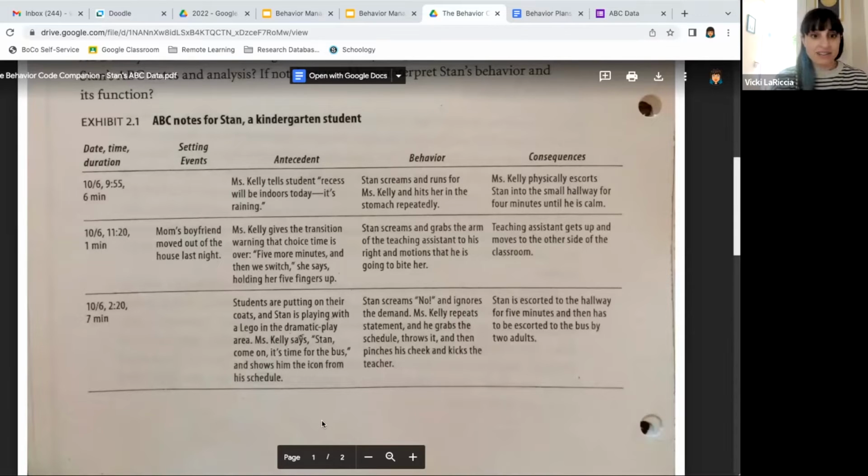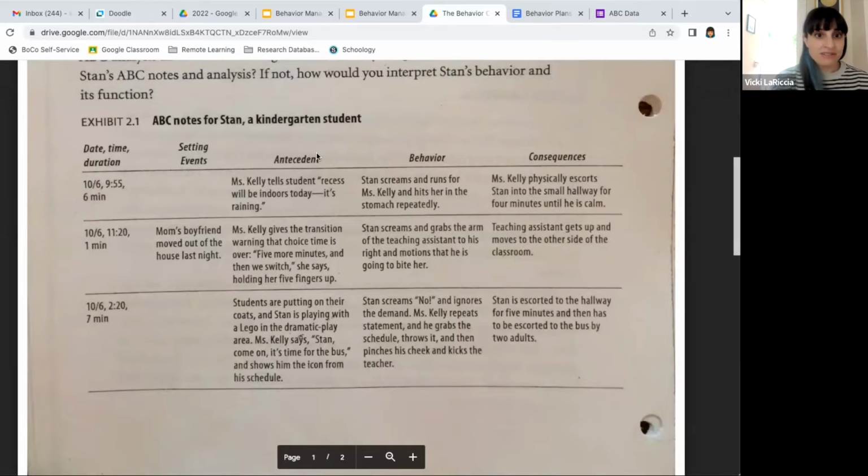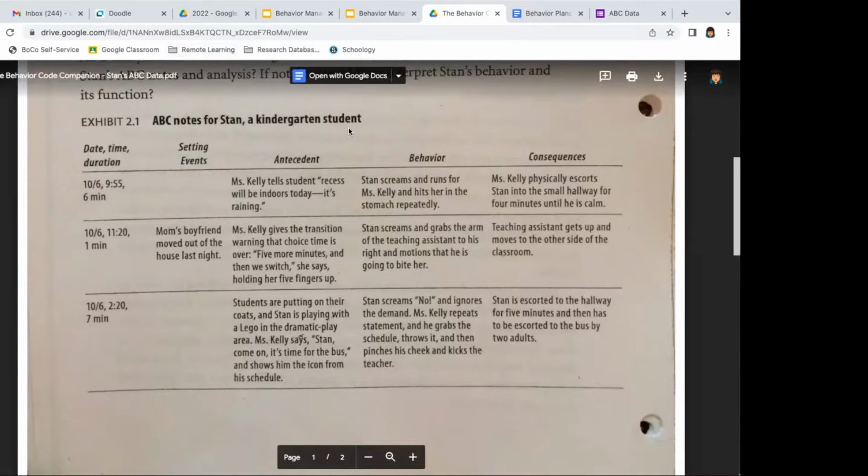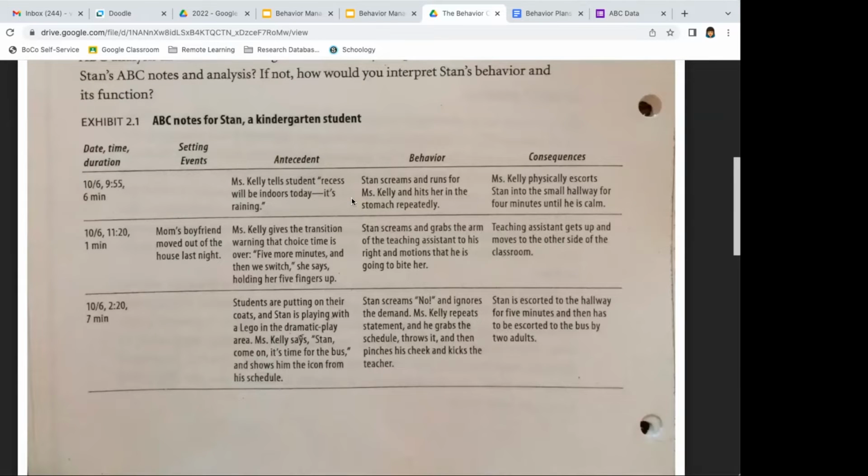Thank you. All right. Can someone read the third one? Karen. This was on 10/6 at 2:20, and the behavior lasted for 7 minutes. Students are putting on their coats, and Stan is playing with a Lego in the dramatic play area.